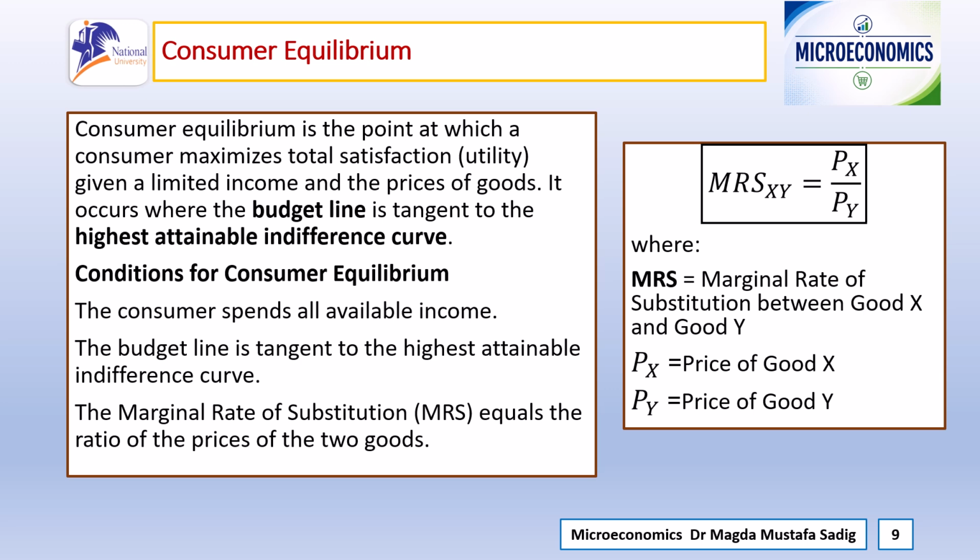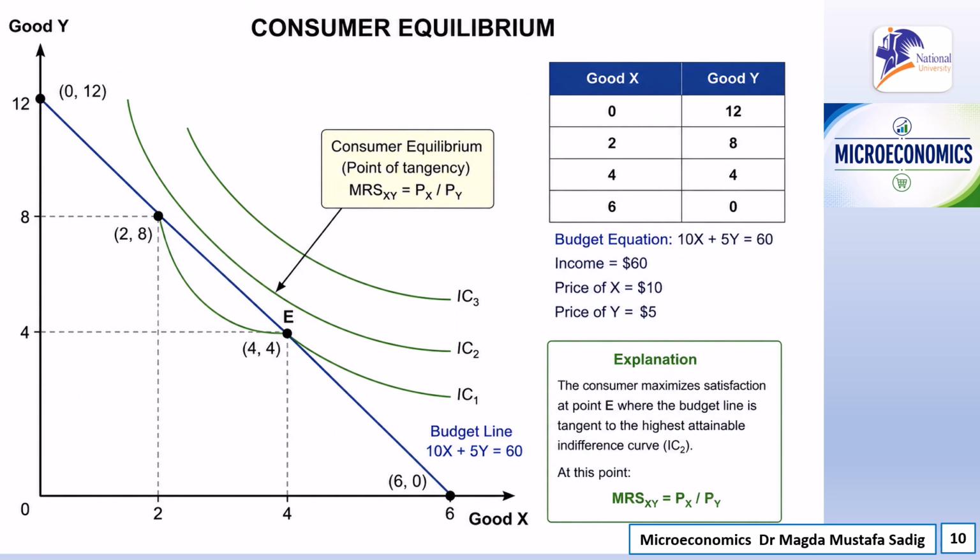Now let us interpret this graphically. The blue straight line represents the budget line, and the green curved lines, IC1, IC2, and IC3, represent different levels of consumer satisfaction.